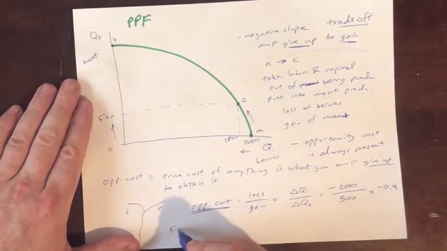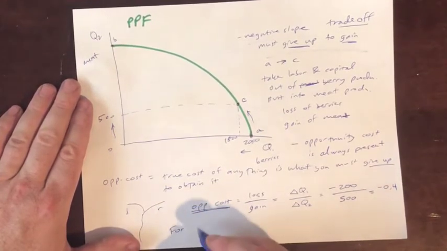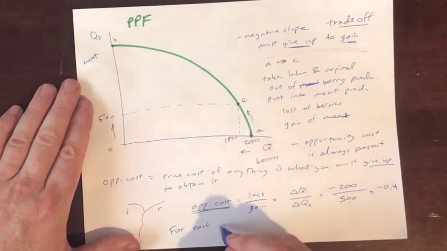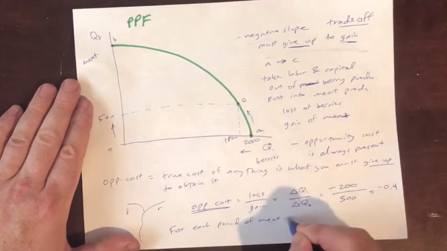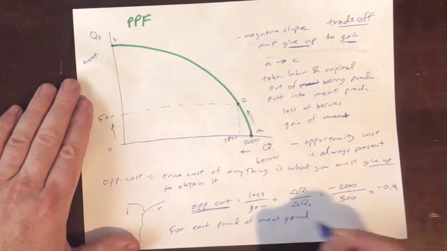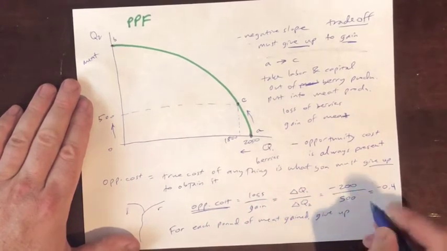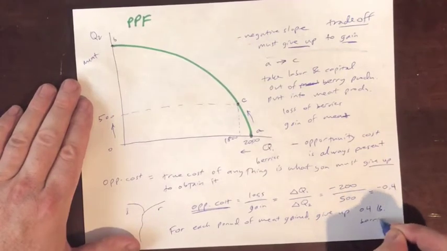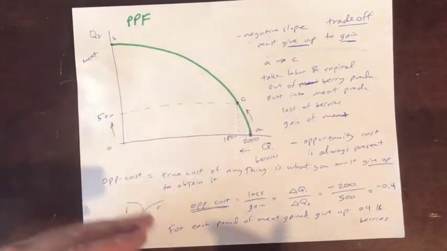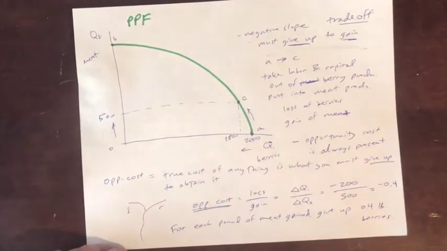That would be how we would interpret it. So for each pound of meat gained, we must give up 0.4 pounds of berries. That is how we put the opportunity cost into a sentence.